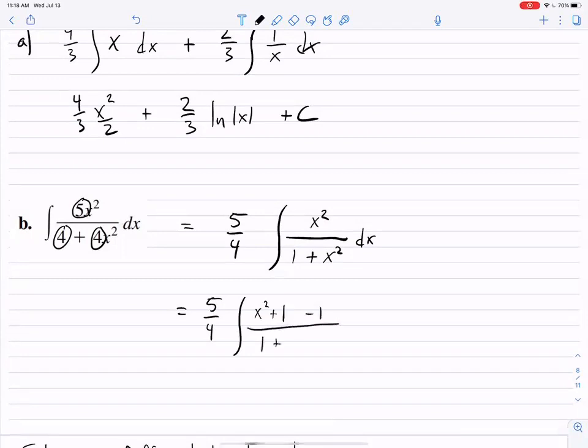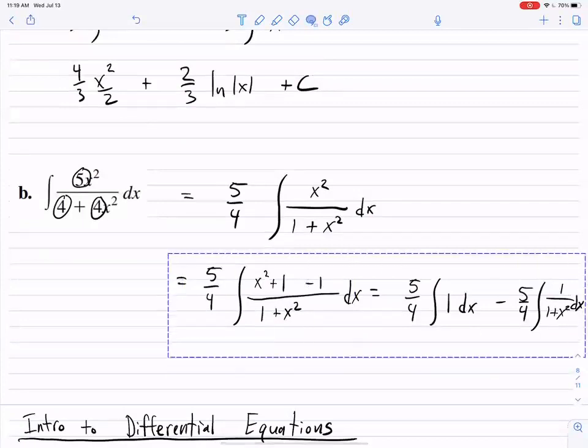And you might ask, well, why am I doing that? Well, the reason is because then this just becomes a 1, and then this is an arctangent. And so that's the trick. And so this will become 5/4 integral of 1 dx, and then minus, distributing that 5/4, it'll be 1 over 1 plus x squared dx.